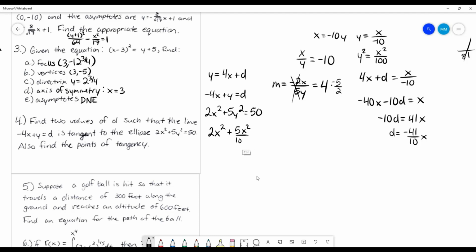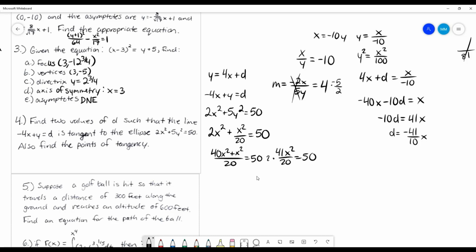Over 100. Of course, that 5 cancels off and it turns into x squared over 20. Okay, let's find a common denominator there so I can just put them together. So I'll multiply this by 20, so I'll get 40x squared plus x squared over 20 equals 50. So I'm going to get 41x squared over 20 equals 50.